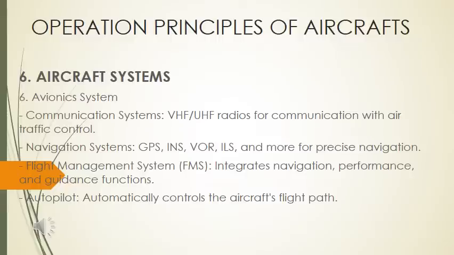The flight management system integrates navigation, performance, and guidance functions, and the autopilot automatically controls the aircraft's flight path. So avionics involves communication, navigation, the autopilot, and the flight management systems, to ensure optimum safety and efficiency in aircraft performance.